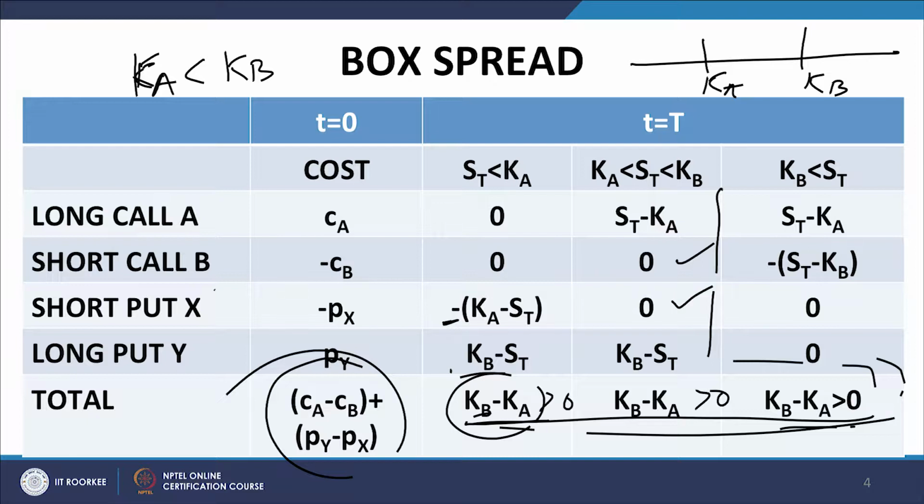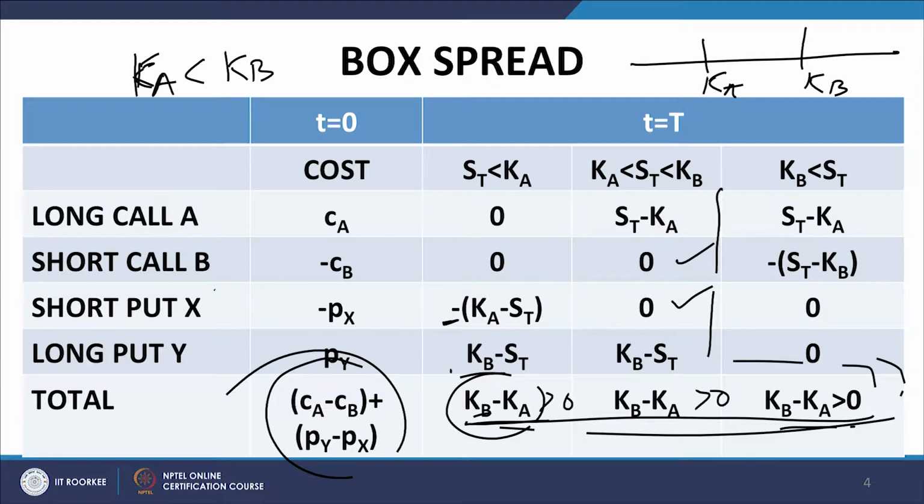So in all cases there are three important consequences. Number 1, the payoff is the same in all the three cases.